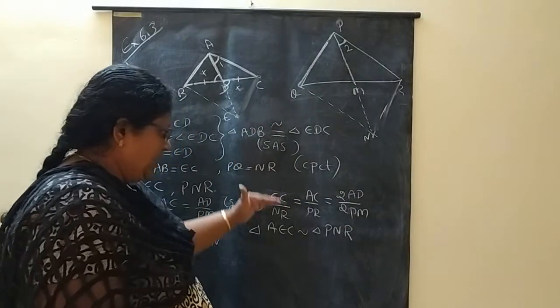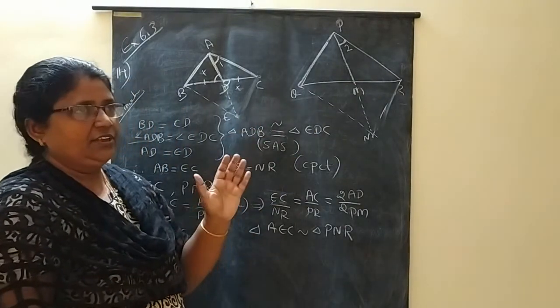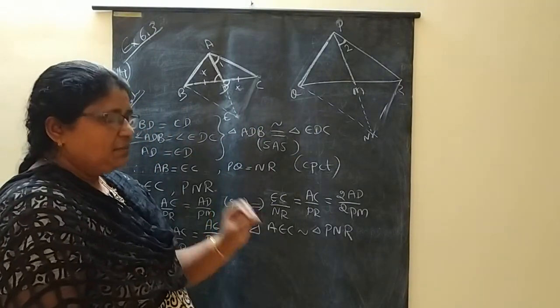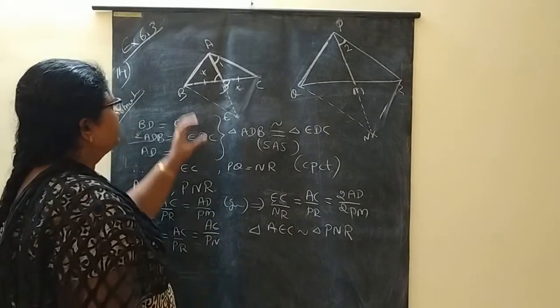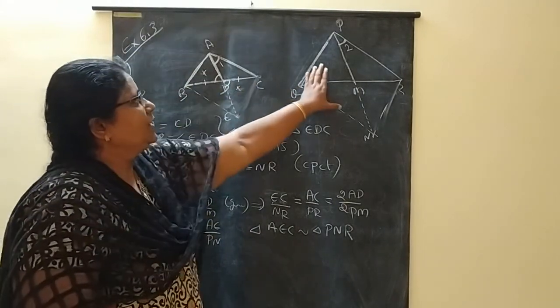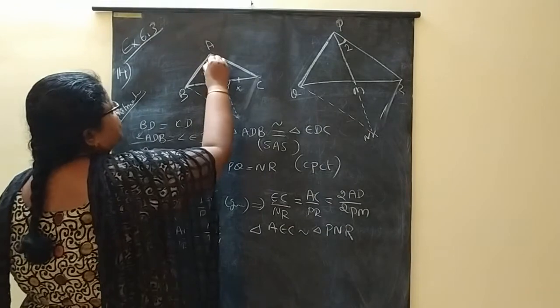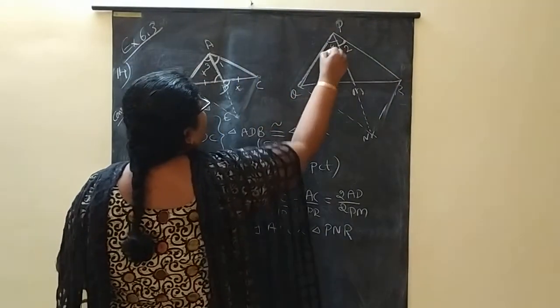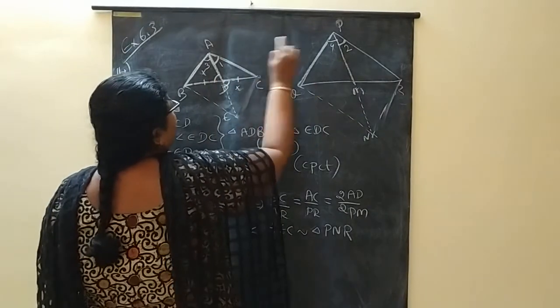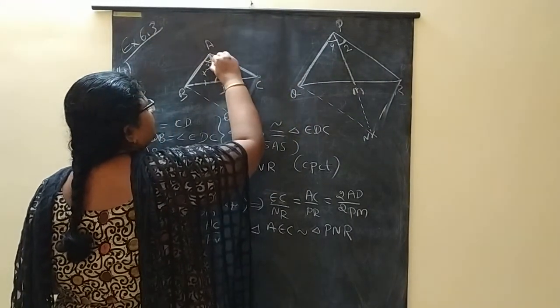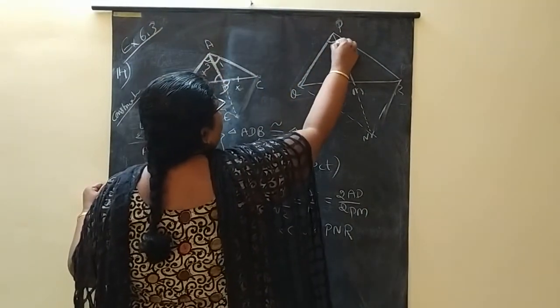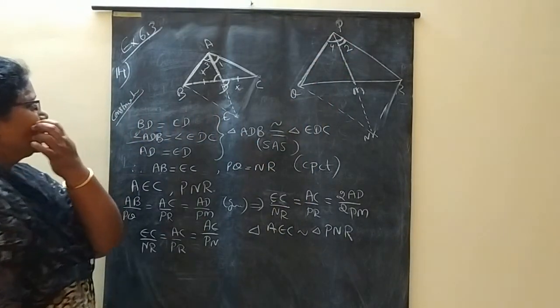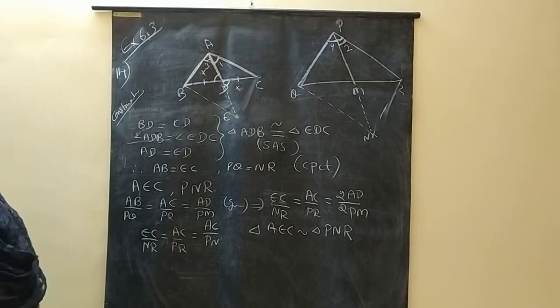The same steps, so no need of writing the steps, just you tell. Similarly, we can prove that this triangle is similar to this. So this angle is also equal to this, angle 3 is equal to angle 4. 1 equal to 2, 3 equal to 4 means the total angles are equal, so angle A is equal to angle P.